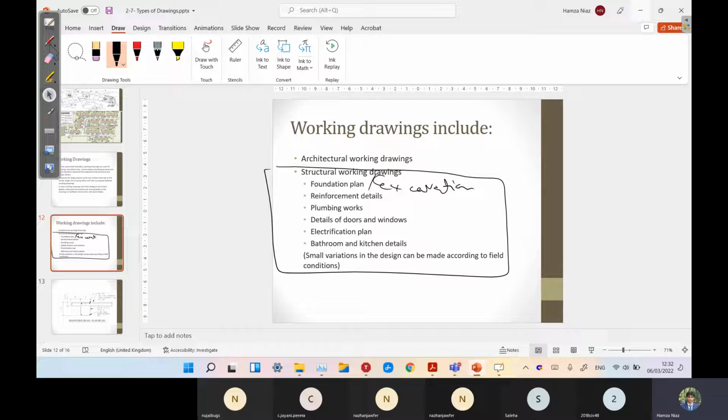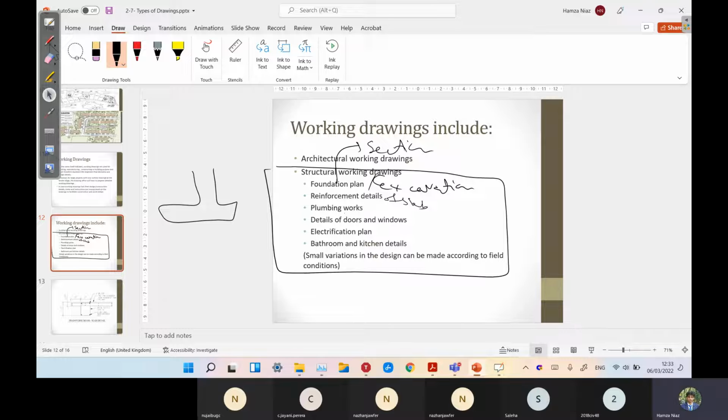These are not the same thing. The excavation plan shows how the excavation will be carried out, while in the foundation plan we show the foundation sections, like the wall section and column section. Then reinforcement details of slab, plumbing works, indoor doors and windows, electrification, and bathroom and kitchen details. So all these are structural drawings.